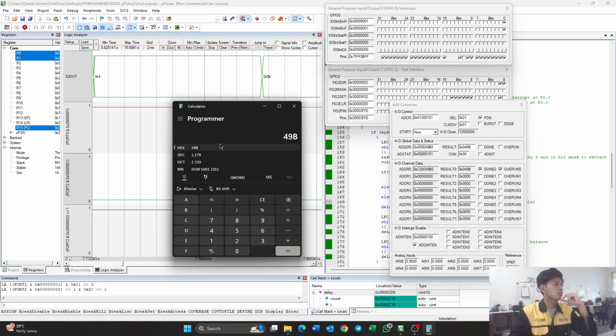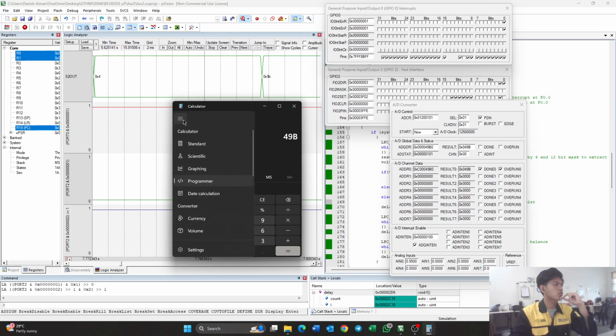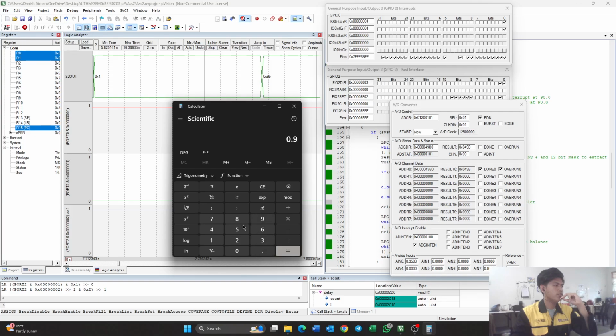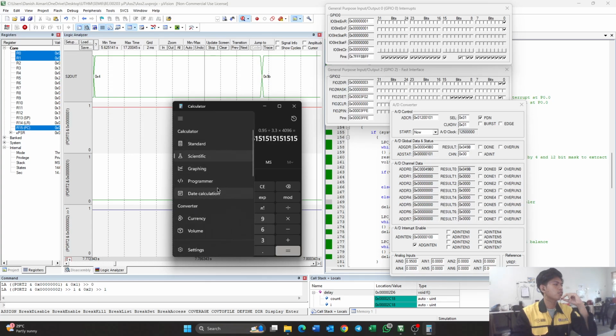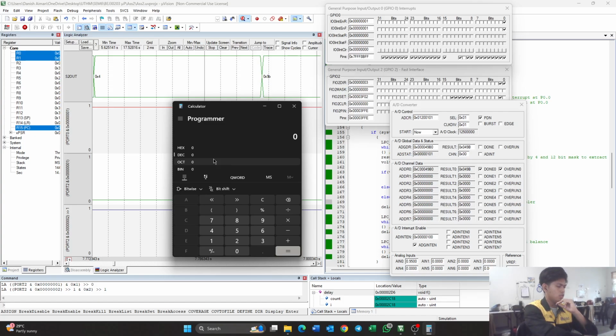So the value is the same, 49B, as I have calculated. 0.95 divided by 3.3 times 4096, which is 12 bit, and we will get 1179, and convert it to the hexadecimal value, which is 49B, the same as the simulation.